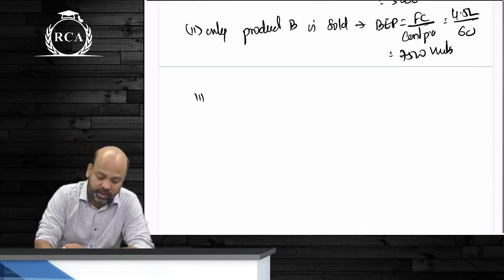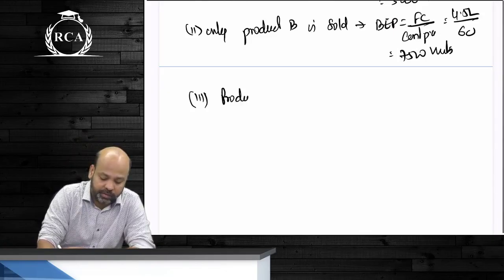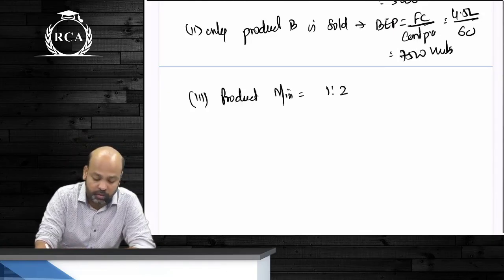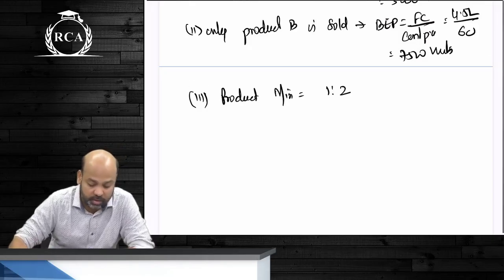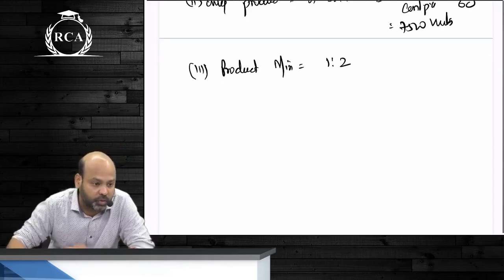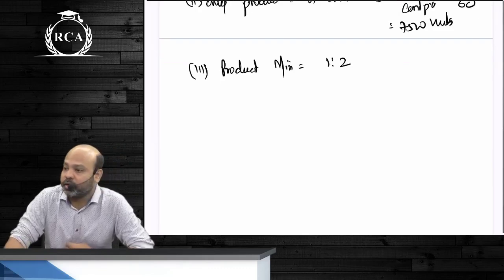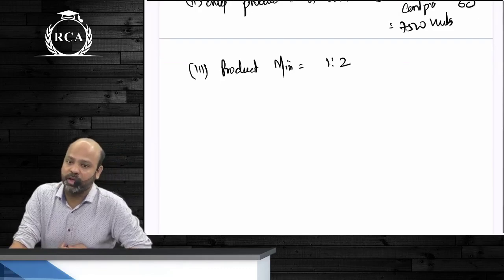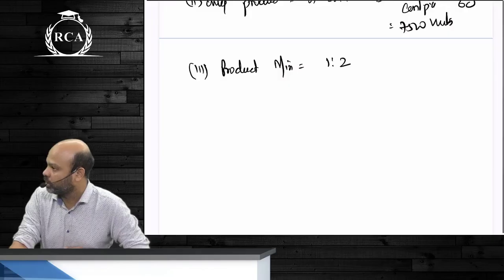So in case I take the product mix as, let's say, 1:2. If I take the product mix as 1:2, that means the number of units sold will always be in the ratio of 1 and 2. Are we clear?